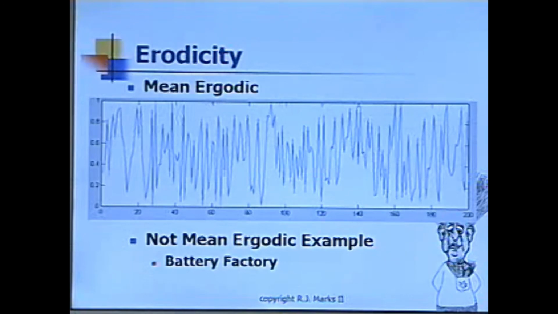So just because something is stationary does not mean that it is ergodic. I'm attempting to motivate a more precise definition of ergodicity, to demonstrate that with stationary processes you can have mean ergodic and not mean ergodic, both of which are stationary.